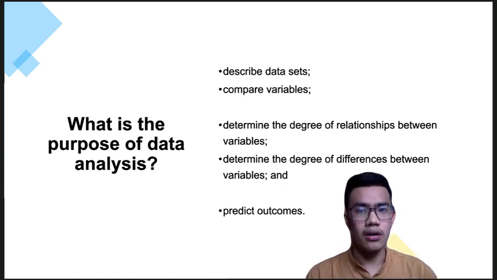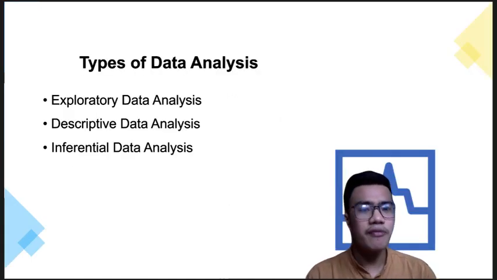So these all are the purposes why we conduct data analysis. Of course, we have to interpret our data and we use statistical tools. So this afternoon, you will learn the basic and the most common statistical tools that we use in analyzing and interpreting data. Let's begin with the types of data analysis.